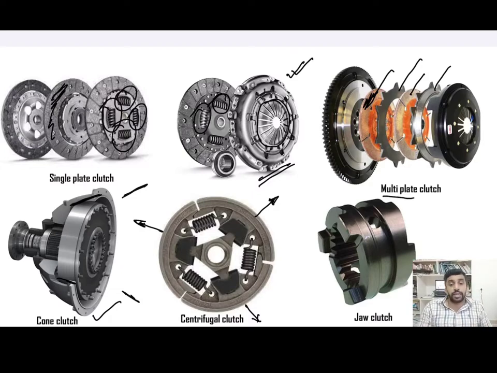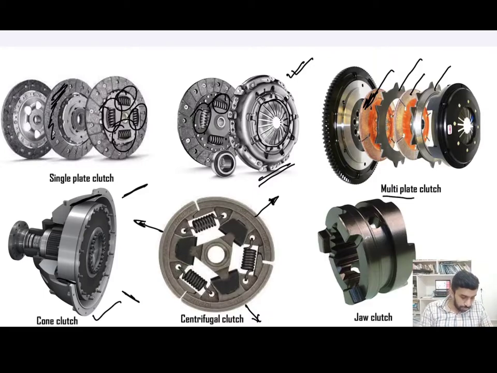But the problem is that square jaw or spiral jaw clutches can be engaged only at slow speeds, and there is a higher chance of jerk. So the jaw clutch is not mainly used in automobiles. For low speed applications, and places where you don't want heat or slip, you can use the jaw clutch.